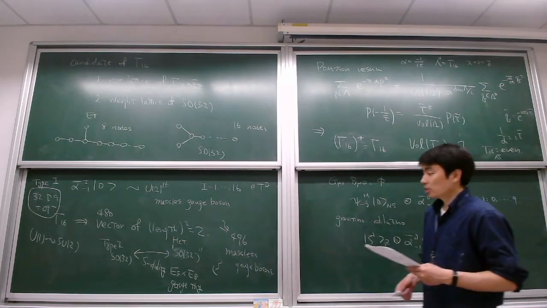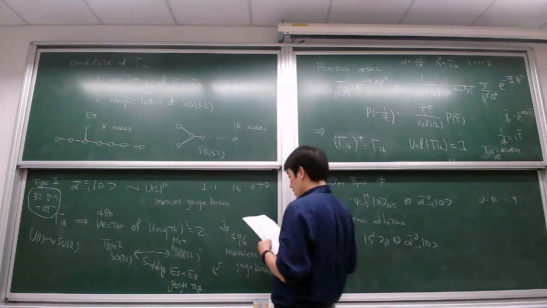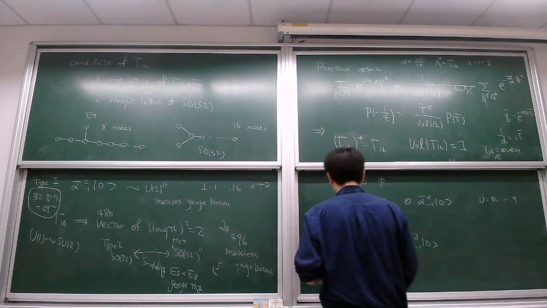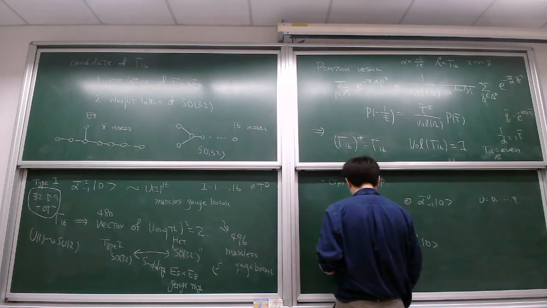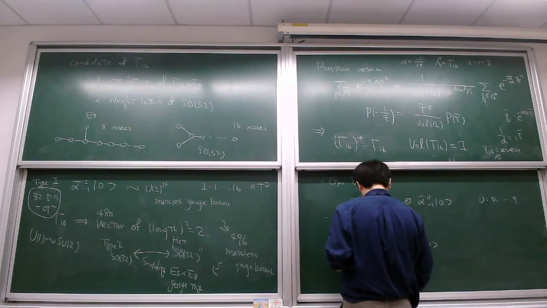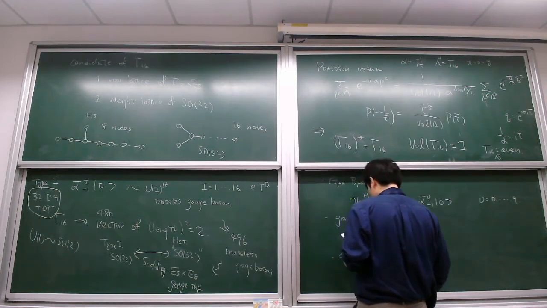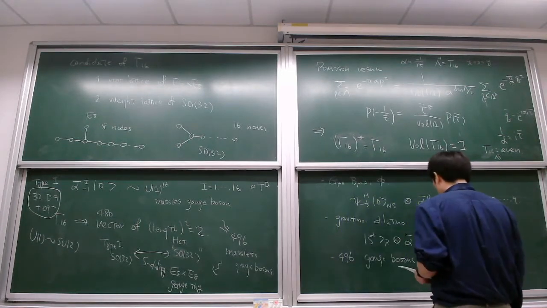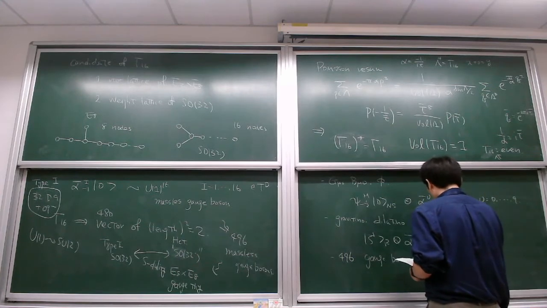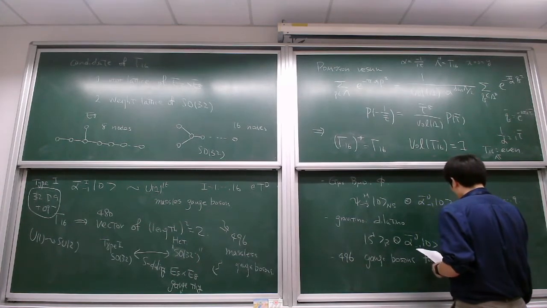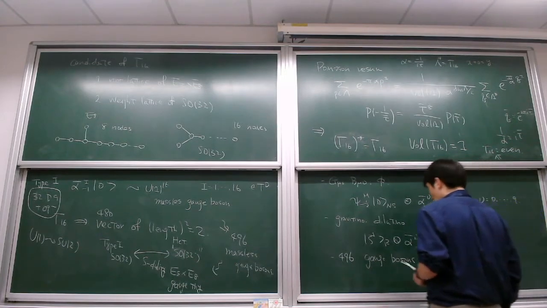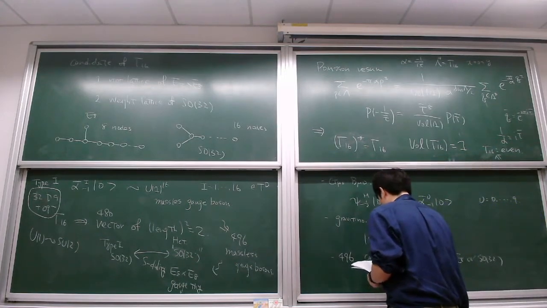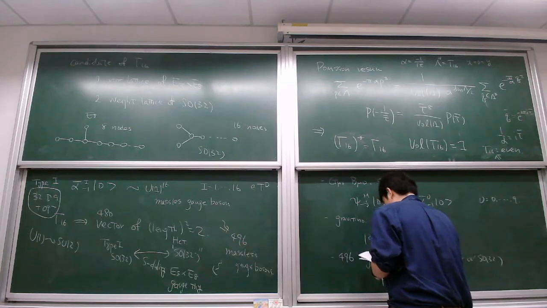And as I mentioned, there are 496 gauge bosons for either E8 × E8 or SO(32), which is ψ^μ.